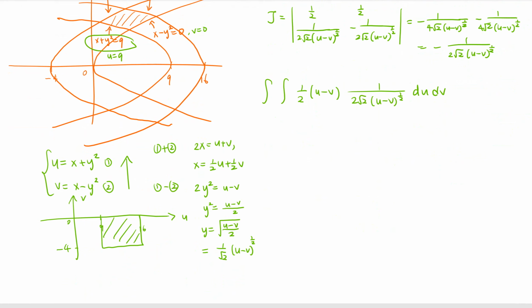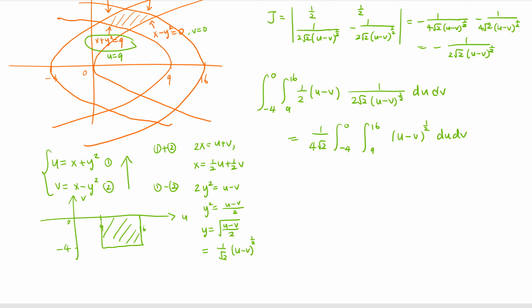V is from minus 4 to 0, and the u is from 9 to 16. Pull out the constants for √2, and do you see what happened? This is u minus v to the 1/2. So far, so good, everybody?